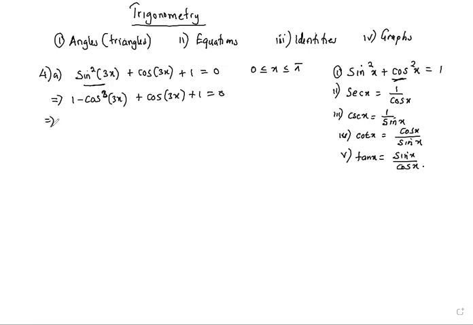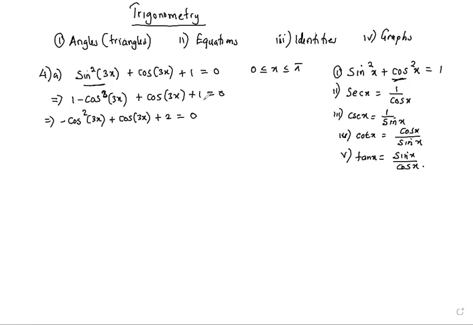Then from there, we have minus cos squared 3x plus cos 3x plus 2 equal to 0. You see? Now, it's a quadratic.